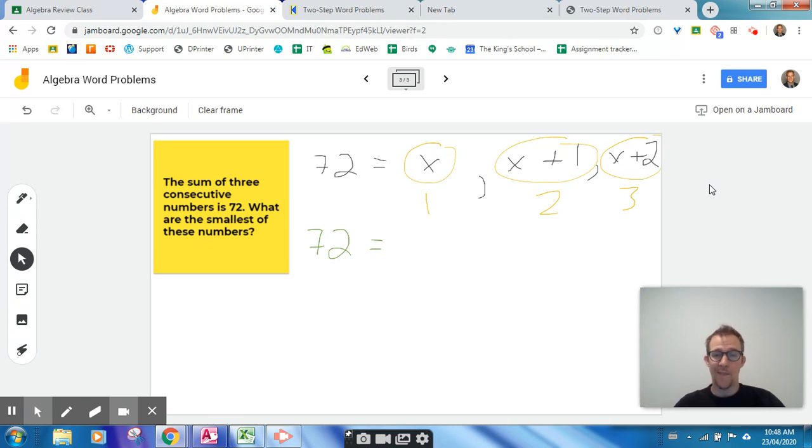But if I wanted to add those things up, I could convert those commas into addition signs. So we can rewrite this problem with the terms with addition signs between them to show that they are all going to add up to 72.